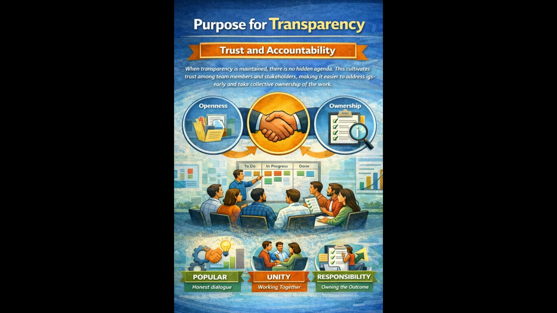Third, trust and accountability. When transparency is maintained, there is no hidden agenda. This cultivates trust among team members and stakeholders, making it easier to address issues early and take collective ownership of the work.